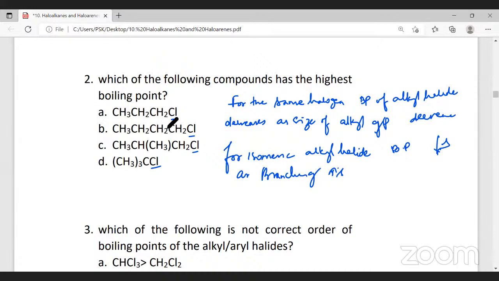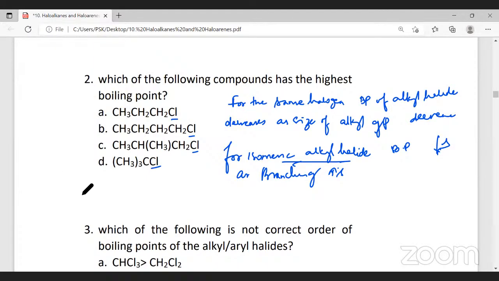Now, none of them is an isomer here. All are different molecules. So if that is the case, we understand that boiling point decreases with increase in branching. Here, the molecular mass of this will be lesser compared to this and this.